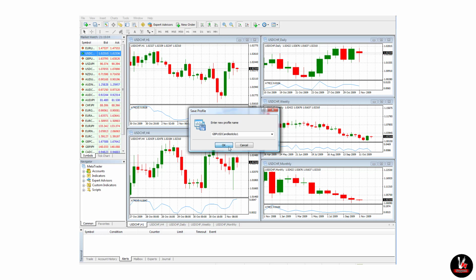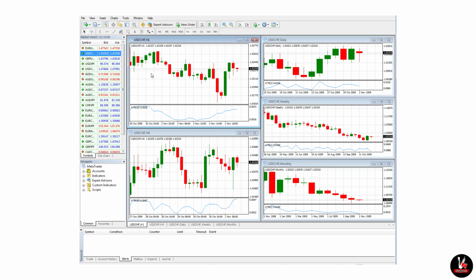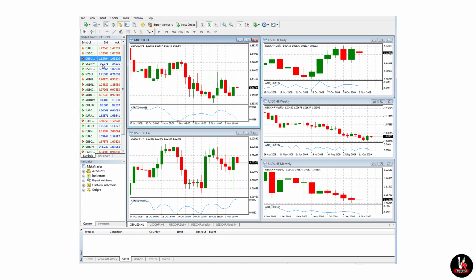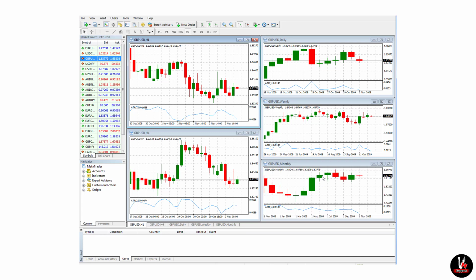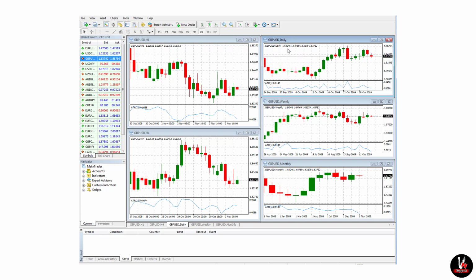Okay, here we go. So we're going to drag and drop. Again, we're just creating another profile. Creating profiles may give us some additional trading opportunities. That's what we're looking for, rather than simply waiting for one particular currency pair to do all the things we'd like to see it do.